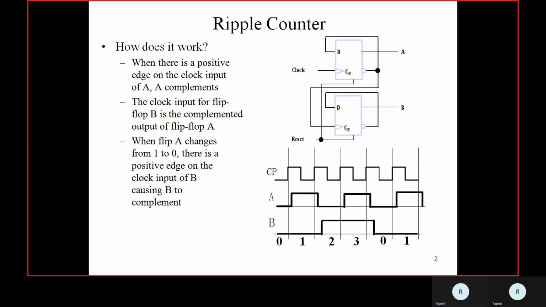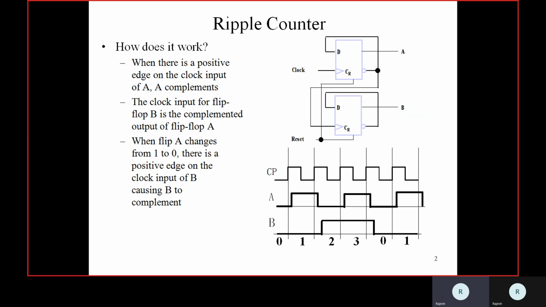All these flip-flops can be reset to the initial state by the reset button. Once you apply reset as 1, this terminology is active high or active low. If you don't keep a bubble, it is active high. So active high reset will make it come to the initial state.